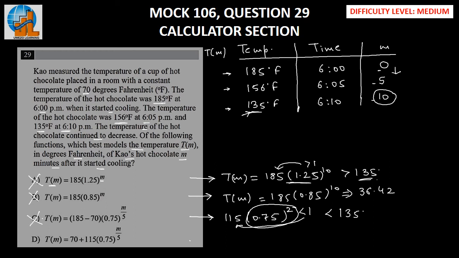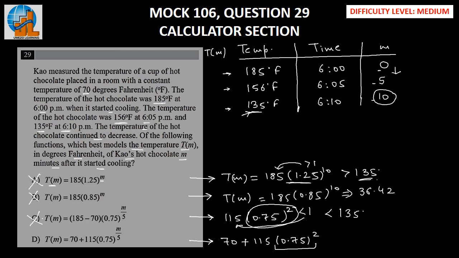Let's go to option D here. This says 70 plus 115 into 0.75 whole squared. This implies 0.75 into 0.75, that should be equal to 0.5625. So let's multiply this number with 115.